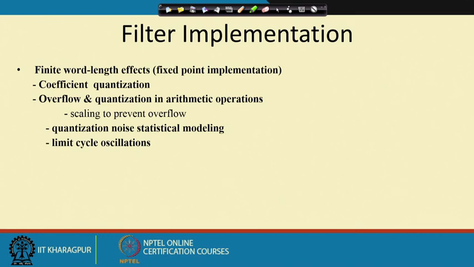Less than 1 means they are represented through floating point, but whenever we build the filter implementation using hardware, at that time I have to convert it to fixed point, right.